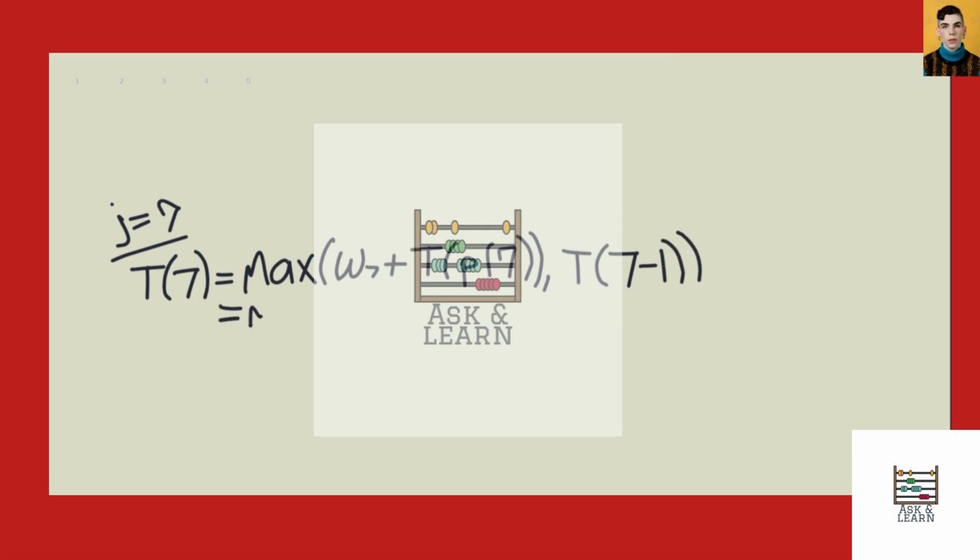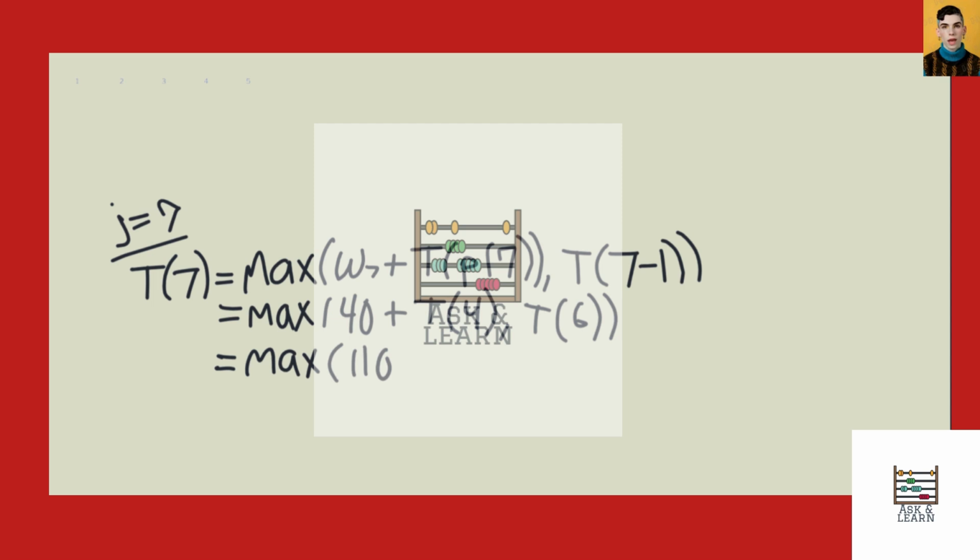Okay, so this gives us a maximum. There were 40 people in this lecture, and it was compatible with 4 other talks here. Or we get the value from the previous step. And so this is going to give us a maximum of 110 or 70. So that total then is 110, which means the maximum number of attendees is 110.